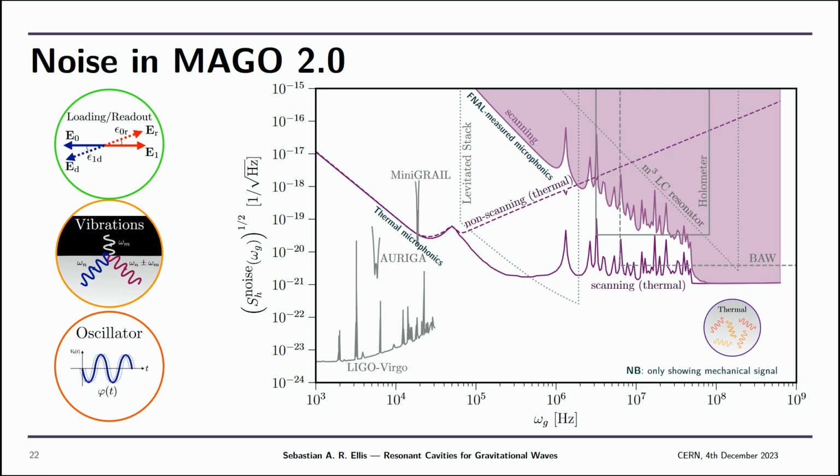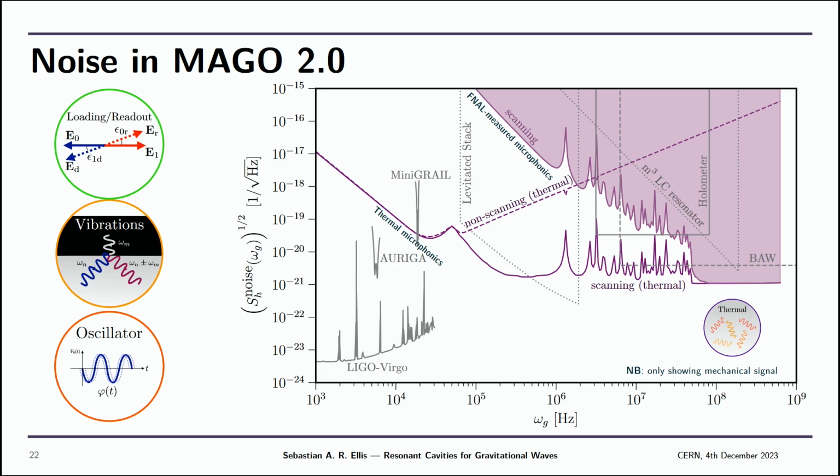So oscillator noise is the spread from the fact that I'm loading this cavity at a given frequency, but I'm not loading it perfectly. I'm loading it over a range of frequencies. And loading and readout noise up there is from the fact that not only am I loading it with a spread in frequencies, but I'm also not going to be able to perfectly couple to the mode that I wanted to excite. I am always going to accidentally couple a little bit to the mode that I didn't want to excite.